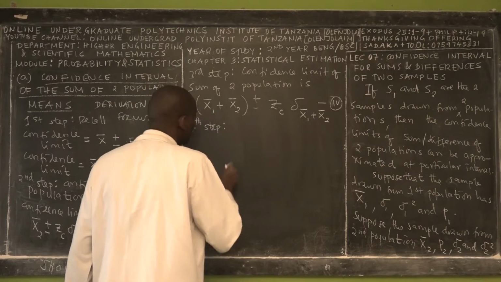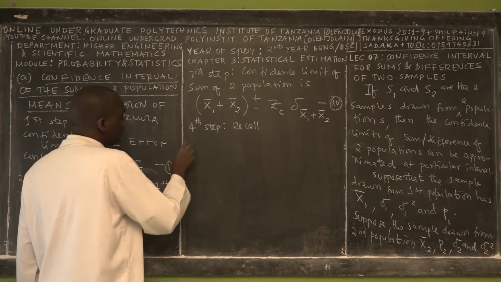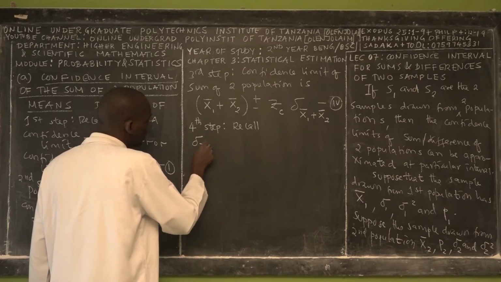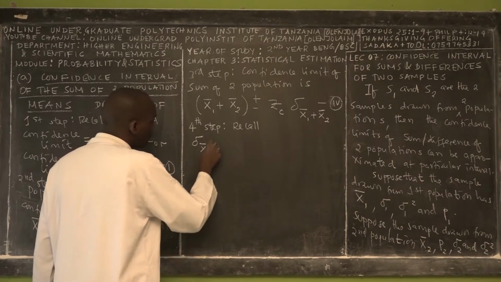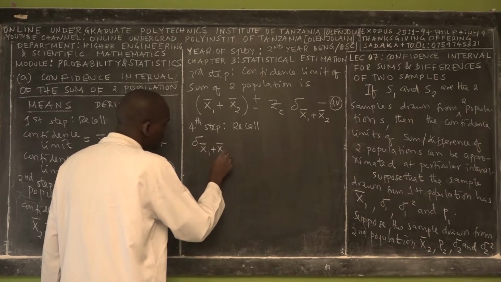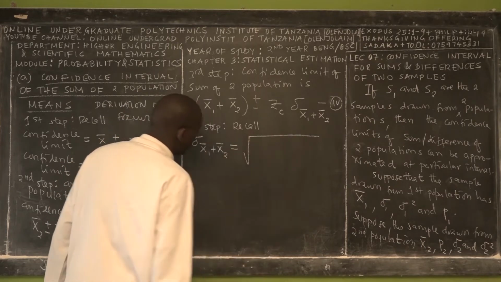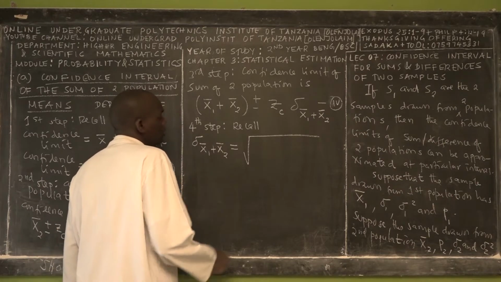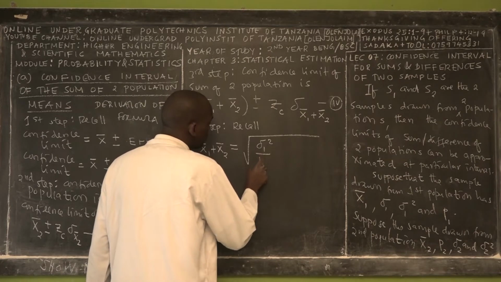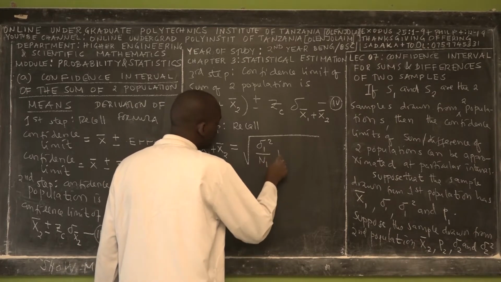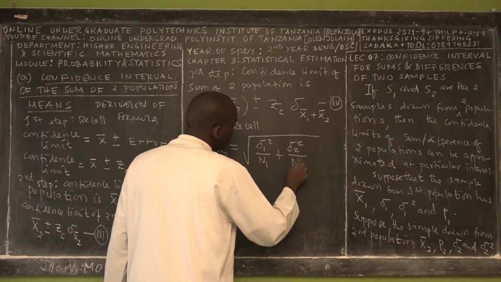We say recall that the standard deviation of the mean of the first sample plus the standard deviation of the second sample, if you do remember, we taught you this formula in chapter 2, is equal to variance 1 over sample size 1 plus variance 2 over sample size 2.